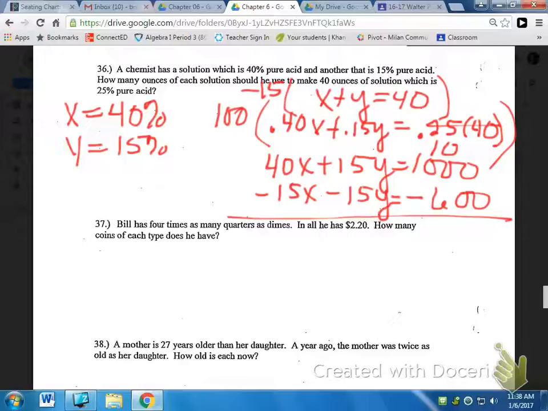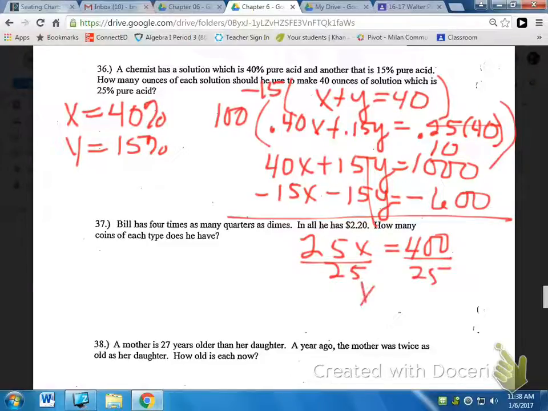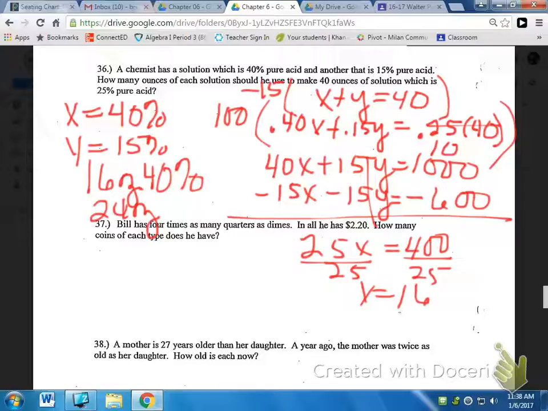When I combine these together, I get 25x equals 400, so that when I divide by 25, x is 16. So there's 16 ounces of the 40%, and when I plug that in, that would give me 24 ounces of the 15%. This is just like those problems we did on that mixture using a table.